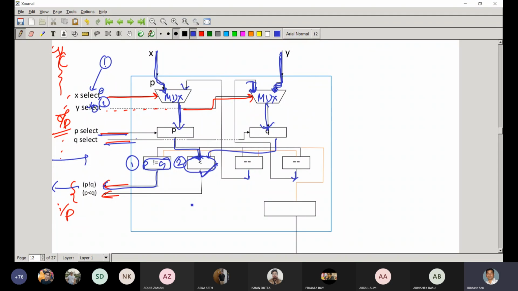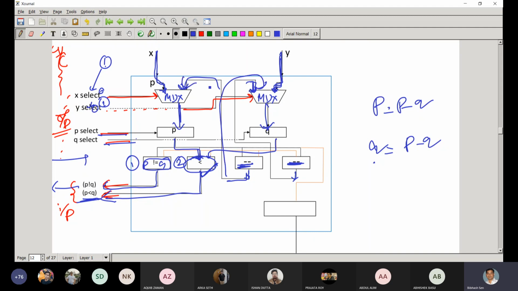When this part is activated, it will go to the control unit and it will require a parameter, either this minus or this minus. If it is true, then I think this part will be generated, and P will be updated: P equals P minus Q; otherwise Q equals Q minus P. Either one will be updated, and as per the update, the value will be updated. Are you getting my point or not?